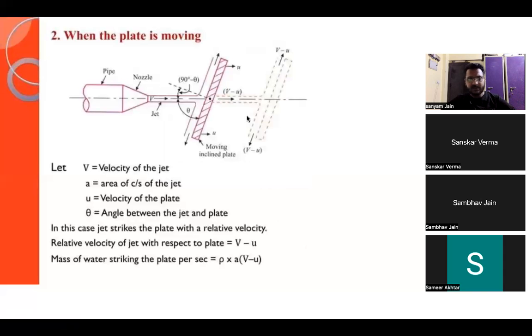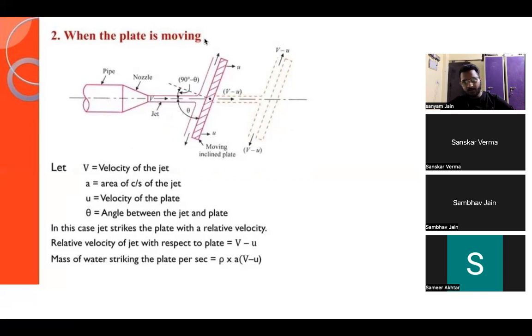This is a similar case to the previous case, but the plate is now moving. To solve these types of questions, my fellow mates explain very well how to solve them when a control volume is moving. As you know, this control volume, or plate, is moving with a velocity u in the x direction.